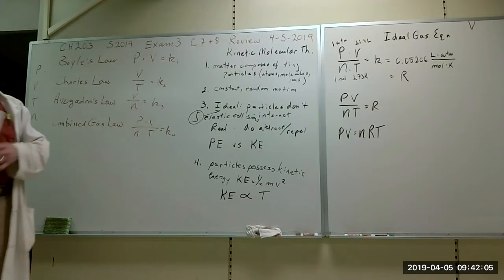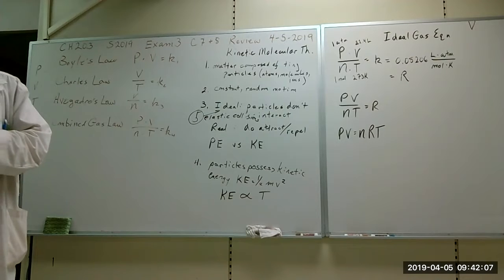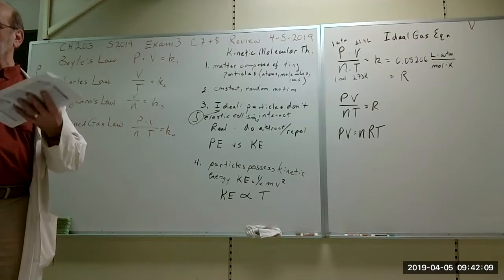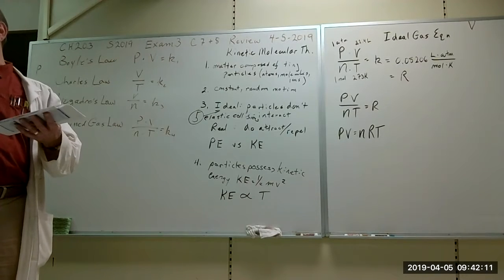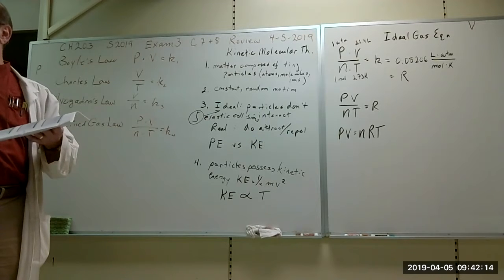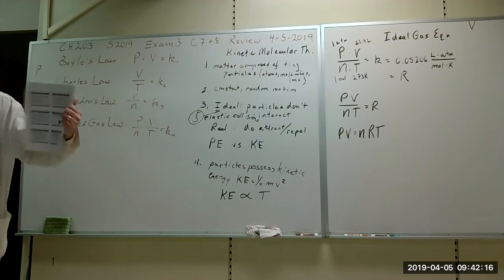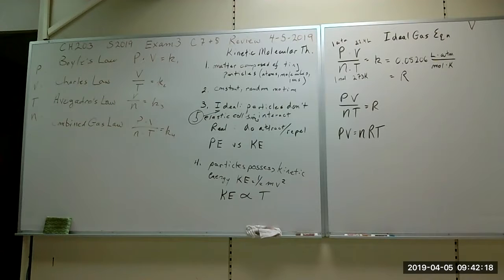Elastic collision, let me define that term. When two objects collide, an elastic collision means that the amount of energy they had coming in is preserved. They don't lose any energy in the collision.